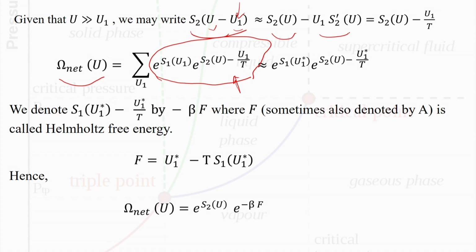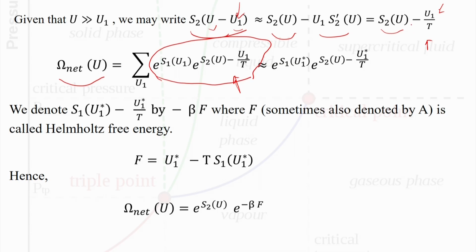Notice that this is the same as asserting that S2 of U2, the reservoir's entropy, is the same as the reservoir's entropy when the system has no internal energy at all, minus the internal energy of the system divided by the common absolute temperature. This is just a Taylor expansion to first order in U1.